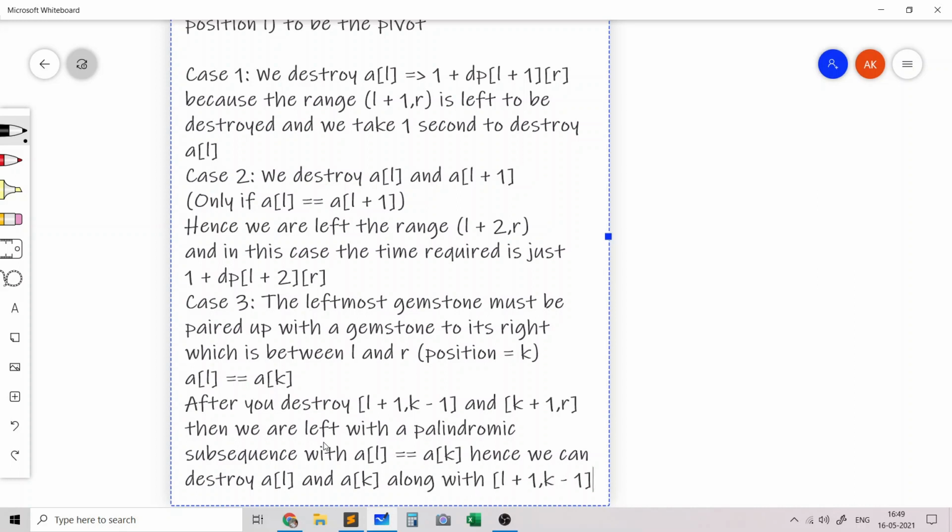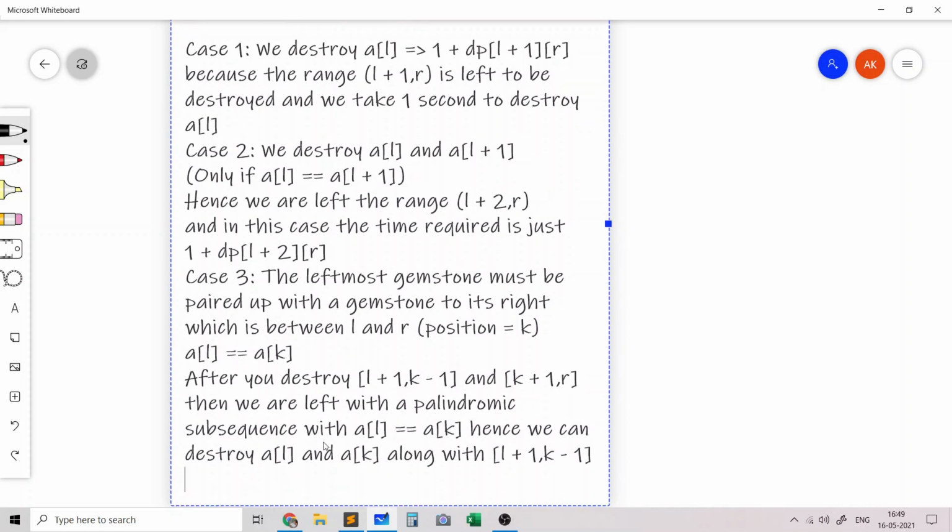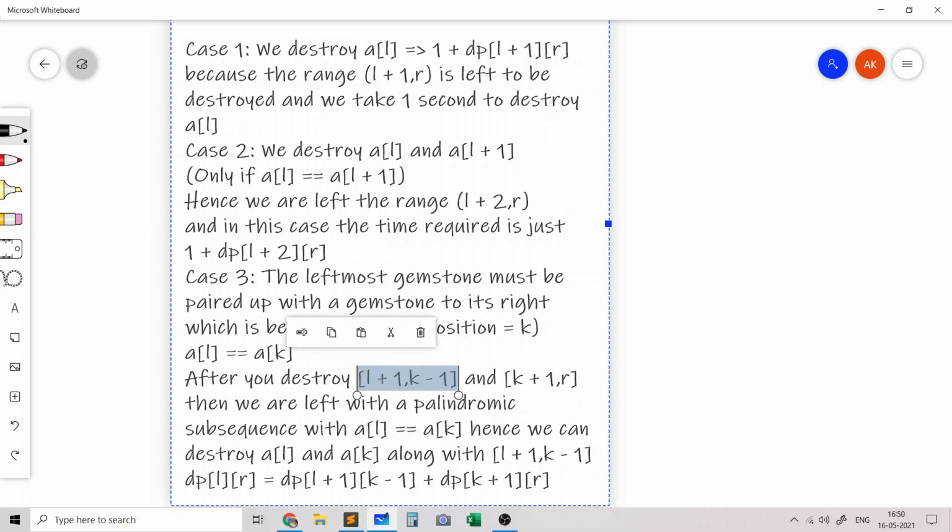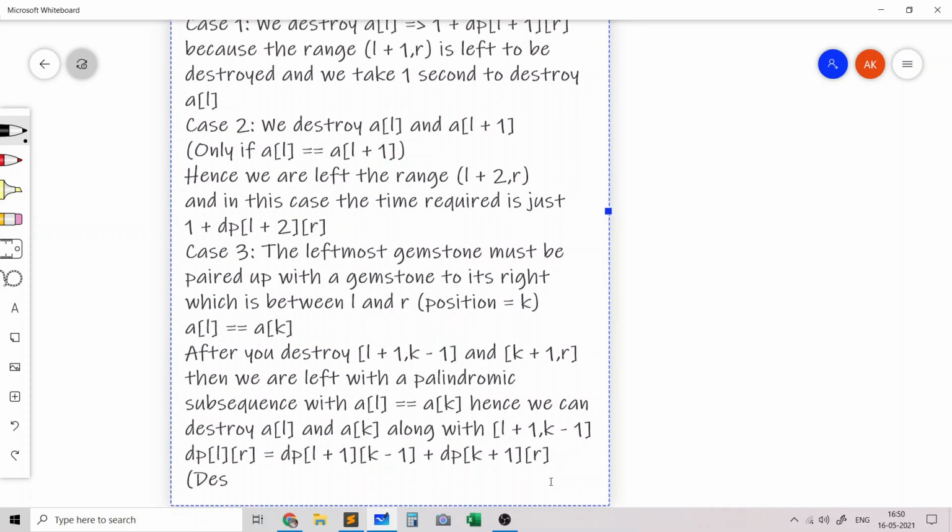So this is the key idea behind the third case, and in the third case, as you could see, the value of dp of L to R would be equal to dp of L plus 1 to K minus 1 plus dp of K plus 1 to R, and this is because K is the rightmost position which is equal to AL, and we destroy K and L along with last second in the range L plus 1 to K minus 1. So let me just note that down over here.